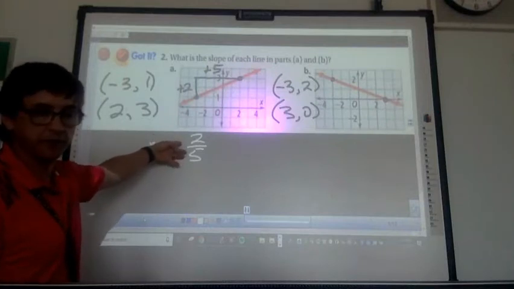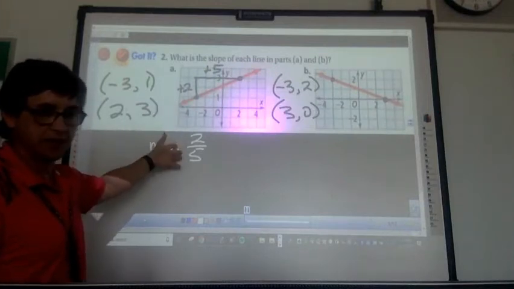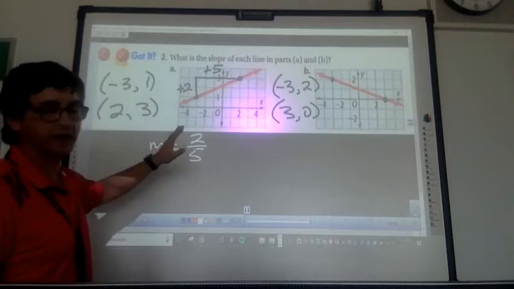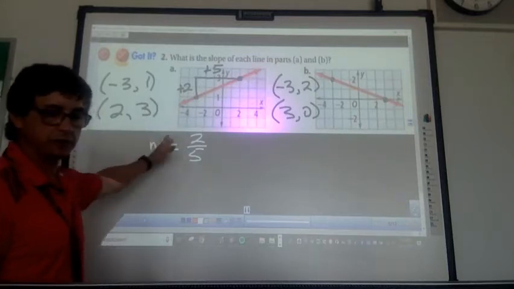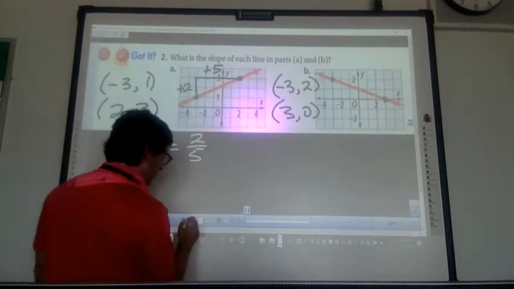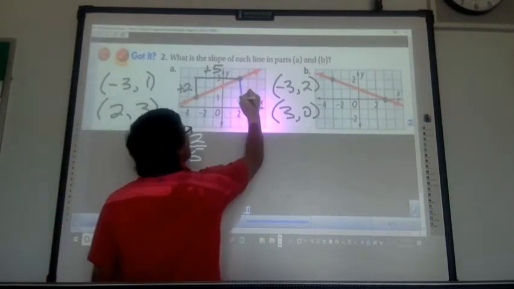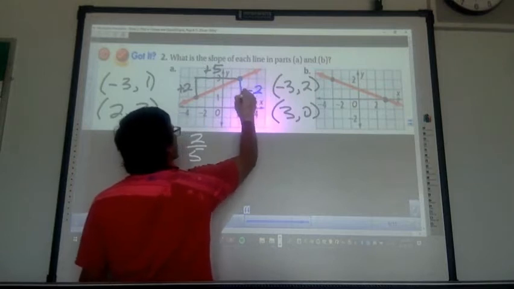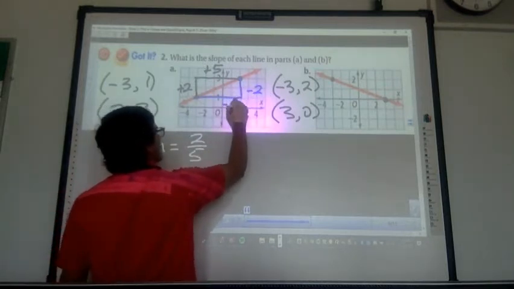If you can reduce whatever fraction you have, you always have to reduce it. If you forget to reduce it, you lose a half point. So you know. I could also go this way, down 2, and to the left 5.